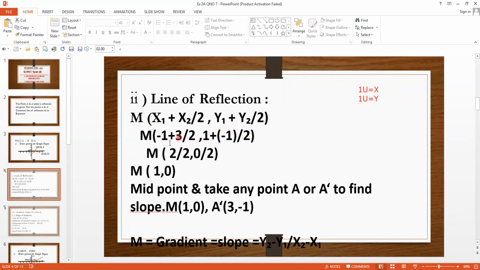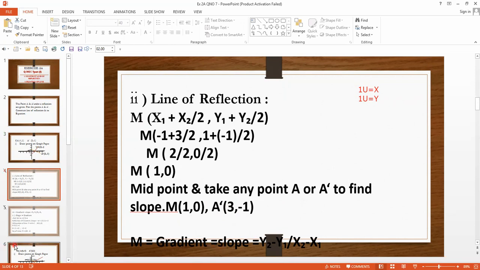So we place the values of A and A prime, and after solving we get the midpoint, that is (1, 0). Always remember, to find the gradient you just take any one of the points, either A or A prime. Clear? So the midpoint is (1, 0), and we take A prime, whose value is (3, -1).